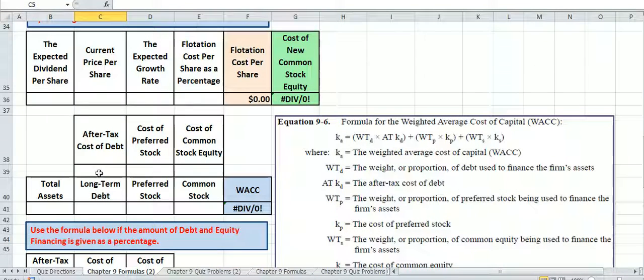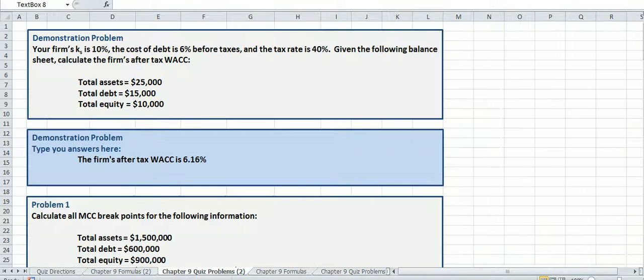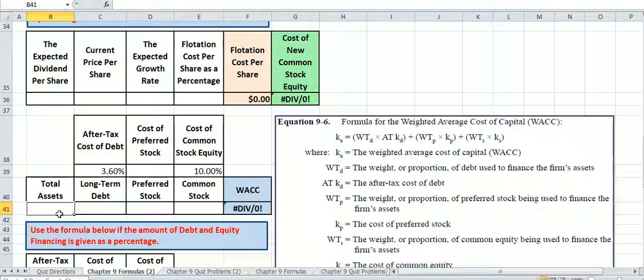And we can put in our after-tax cost of debt of 3.6. Our cost of common equity is 10. Our total assets, let me jump back and make sure I got this, 25,000. Our debt is 15, and our equity is 10. So back over here, total assets 25,000.